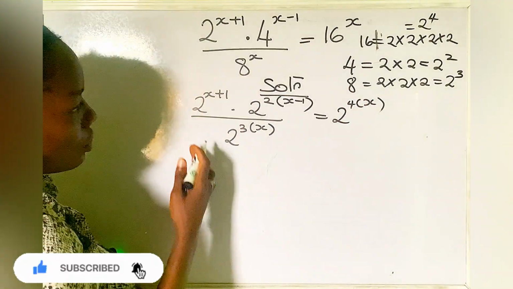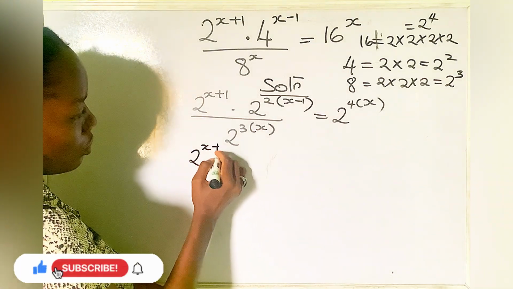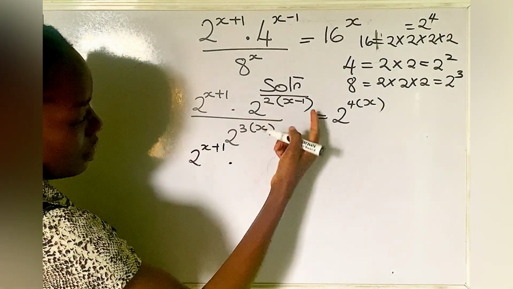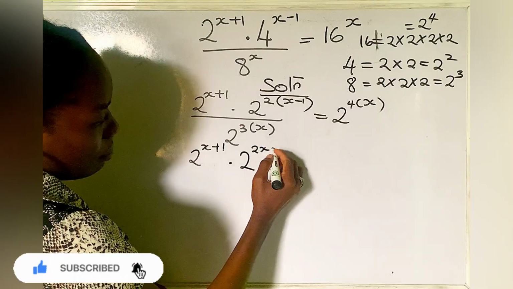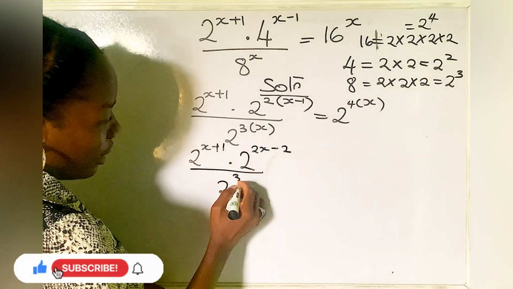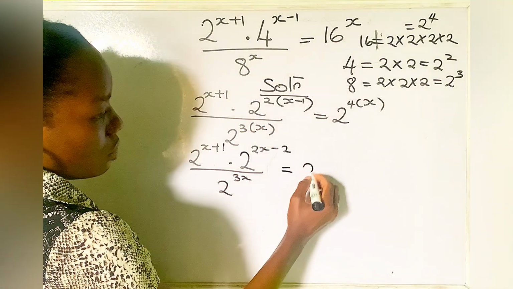Okay, so we continue. We have 2 to the power of x plus 1 multiplied by, let's simplify this further, 2 to the power of 2x minus 2, all over 2 to the power of 3x. The powers are multiplying each other, is equal to 2 to the power of 4x.